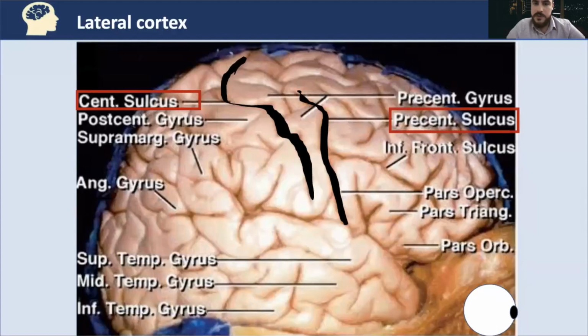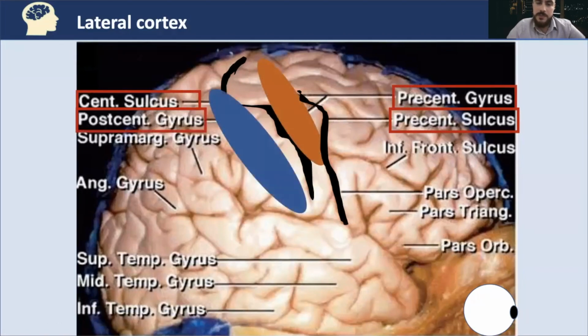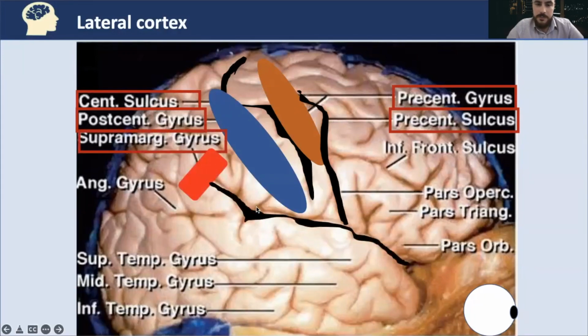What's in front of the central sulcus? Any sulcus in front of the central sulcus is the precentral sulcus. What's between them? Both of them, the precentral gyrus, the motor area. What's behind the central sulcus is the postcentral gyrus, which is mainly sensory area. And then we have the Sylvian fissure with its posterior ramus going posteriorly and superiorly, ending in an area of the parietal lobe called the supramarginal gyrus.